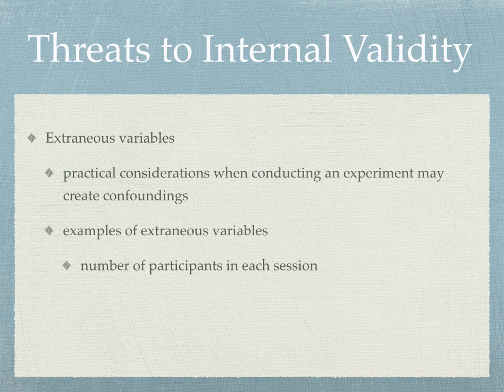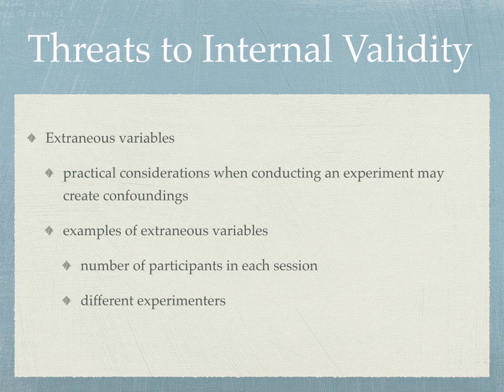Having different experimenters. If you have experimenter A does the control condition and experimenter B does the treatment condition, well, maybe it's not that your control condition and your treatment condition are different. Maybe it's that your experimenters are different. So again, those are extraneous variables that you need to control for in some way so they don't become confounding variables.